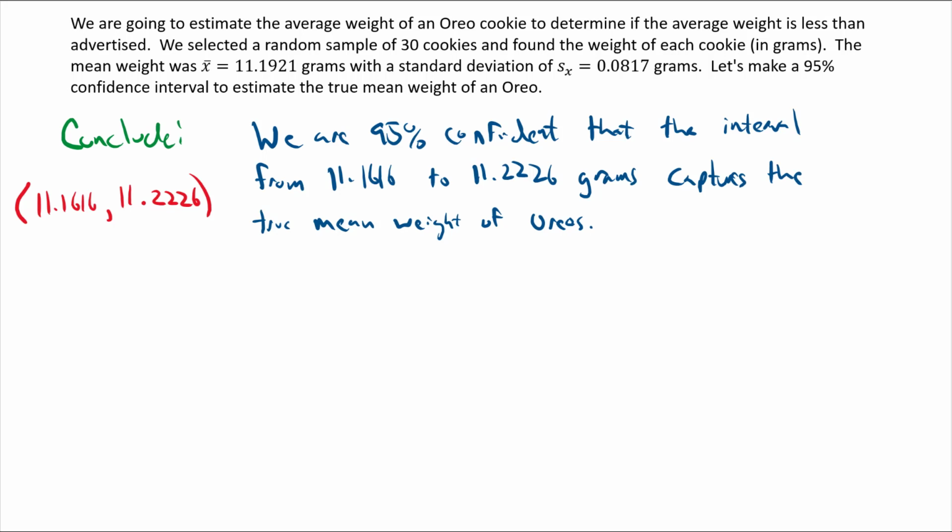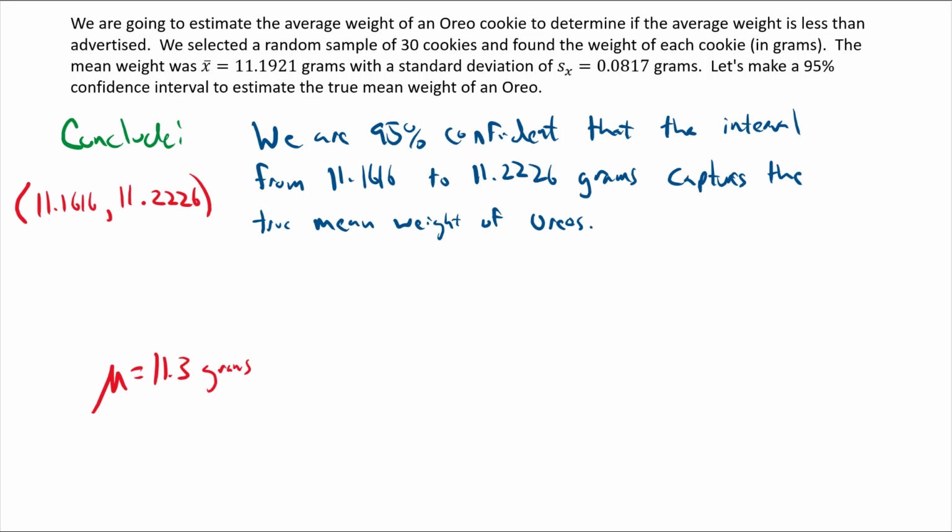All right. Now the last thing you may be thinking about is, well, what are they claiming is the true weight? The true weight that Oreo is telling us, we're saying their overall weight is 11.3 grams. Well, does that fall within there, or is ours lower in this case? Well, in this case, yes, our interval is below 11.3 grams.